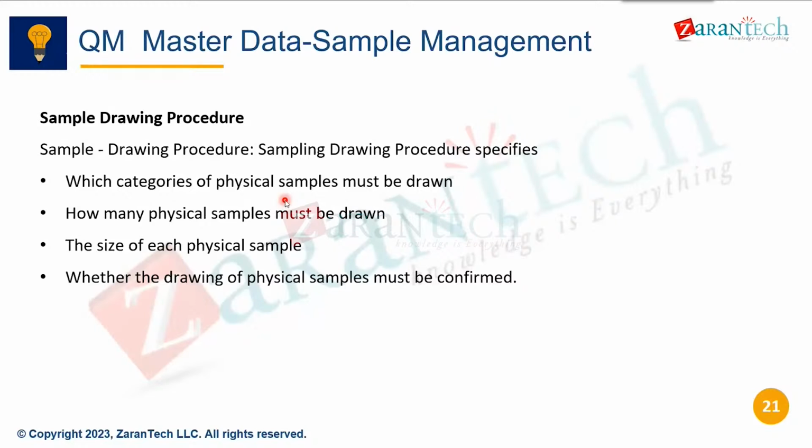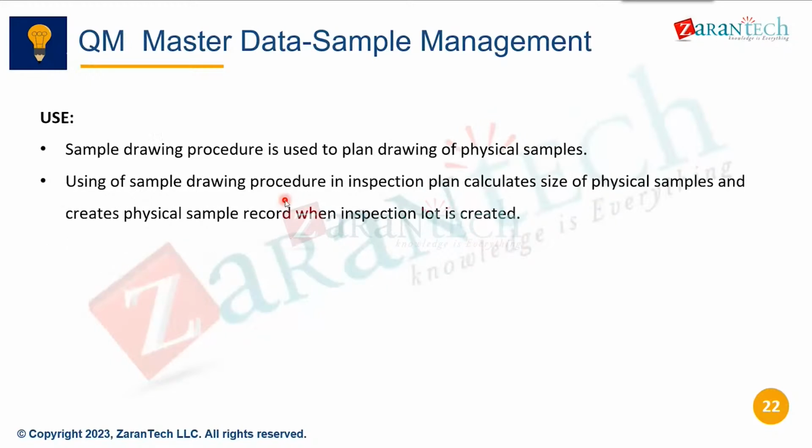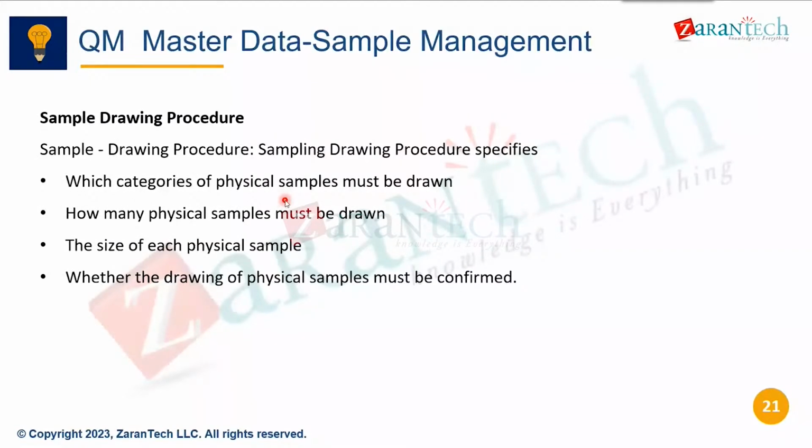Okay, we'll go through it again. So, let us start. The sample drawing procedure is used basically in chemical industries or process industries, where all the inspection results will be recorded for the physical samples.